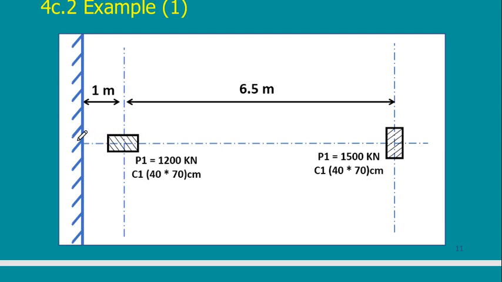This one is close to the neighbor. It is not touching the neighbor, but I still have a gap, 1 meter. But this 1 meter is not enough to put a footing. If I try to design this as a normal isolated footing, I will find that my footing would be maybe something like this.